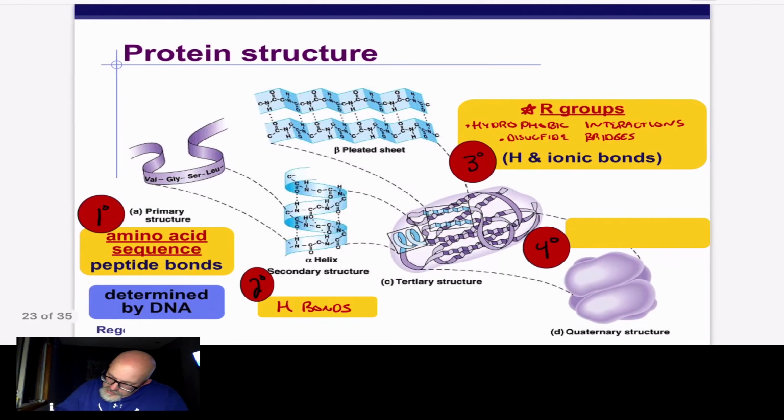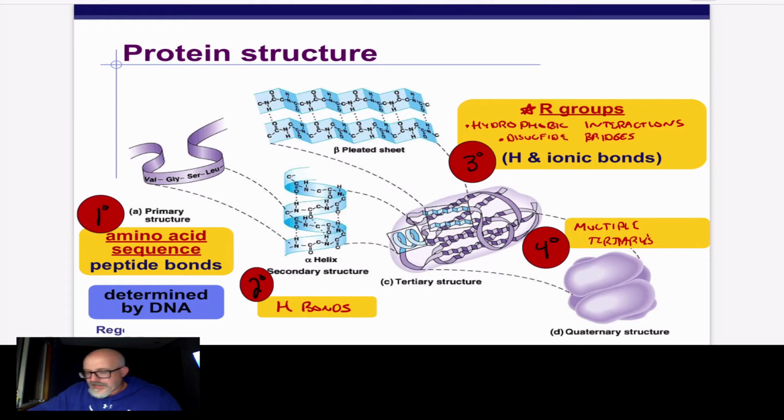And then the quaternary structure is just multiple tertiaries that are stuck together. And again, depending on the one it is, it could have 4 if it's hemoglobin, or it could have a lot more. It just depends. So again, primary, single chain.